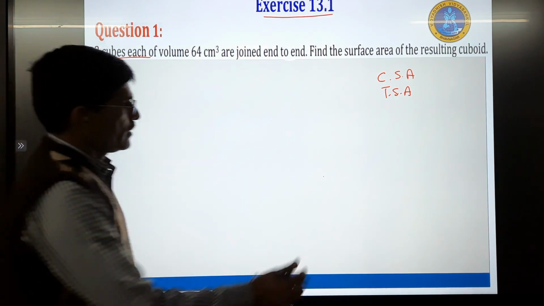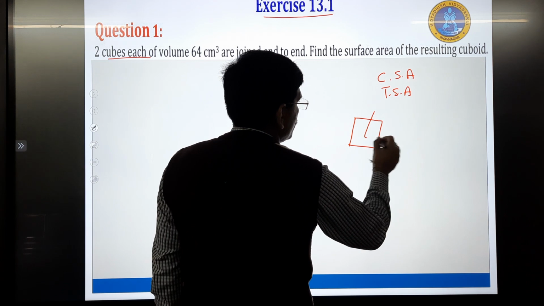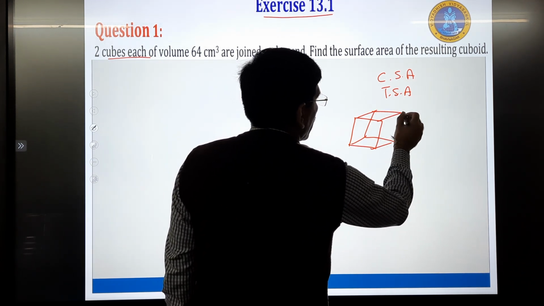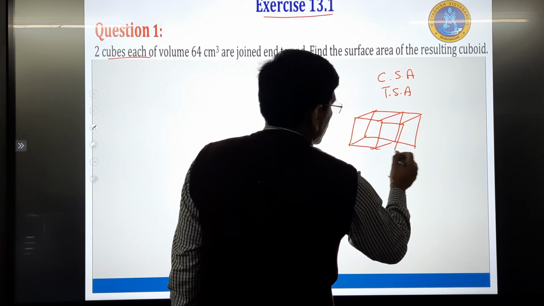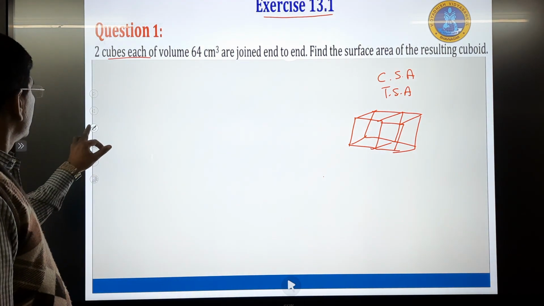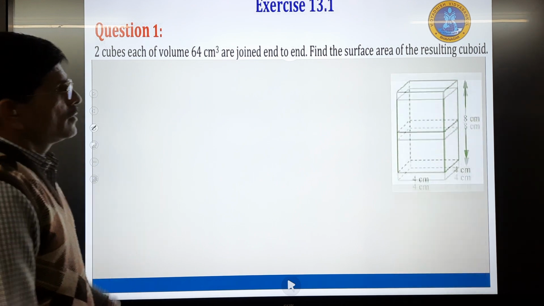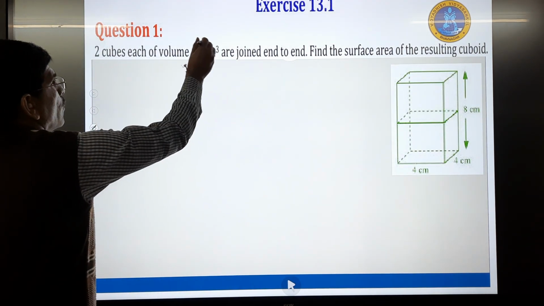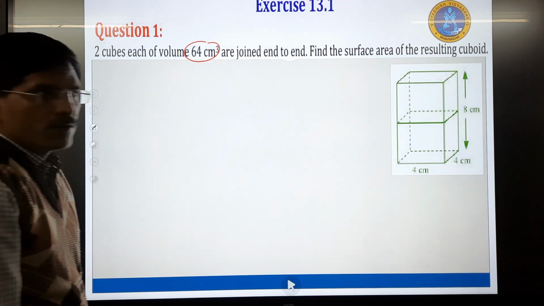Two cubes are there. So if I join, two cubes are there. Again I extend. Each of the two cubes has volume 64.